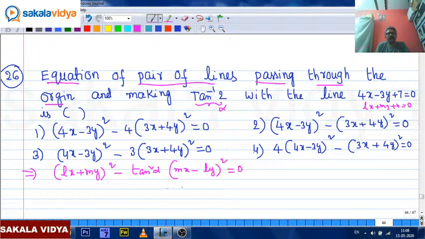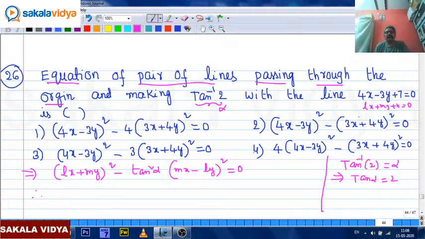Here tan inverse 2 is equal to alpha, so tan alpha is equal to 2.